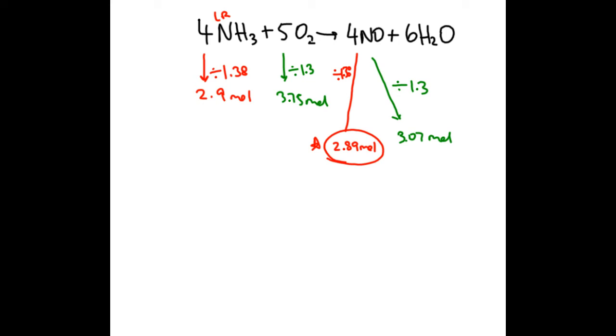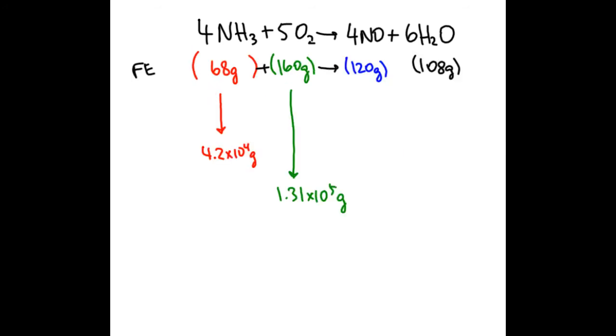So to calculate the moles of the other product, H2O, we would take the moles of that and do likewise, divide by 1.38, and we should get around 4.35 moles of H2O. So that's letter A.